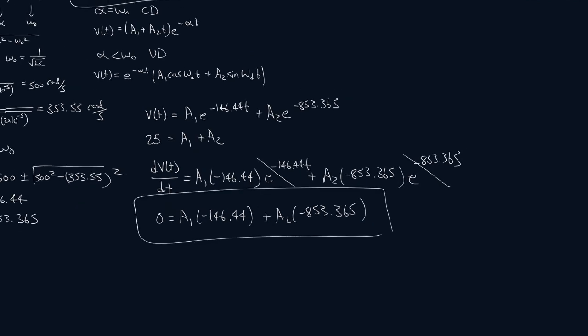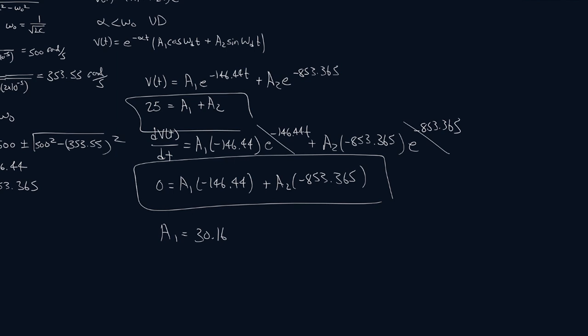Alright, good. Okay, there you go. So now we have two equations and two unknowns. Now we can solve for A1 and A2, and you should get the following. A1 should be equal to 30.16 and A2 should be equal to minus 5.156. So now we can write our final answer.